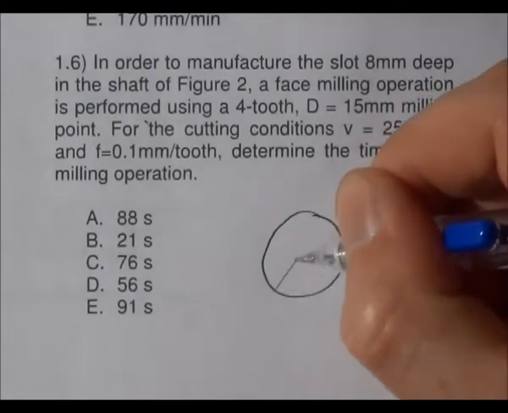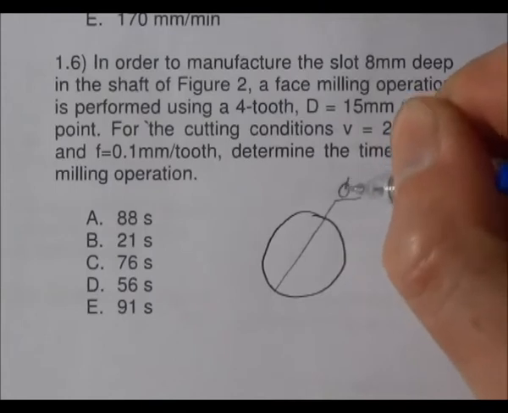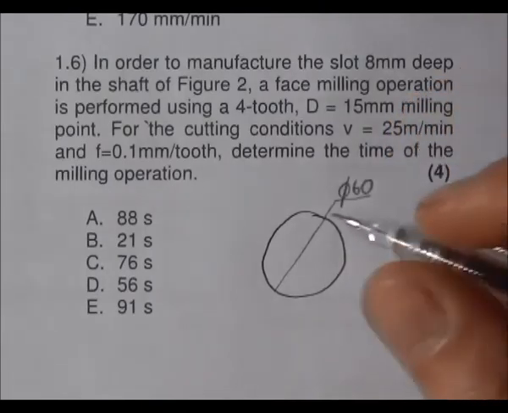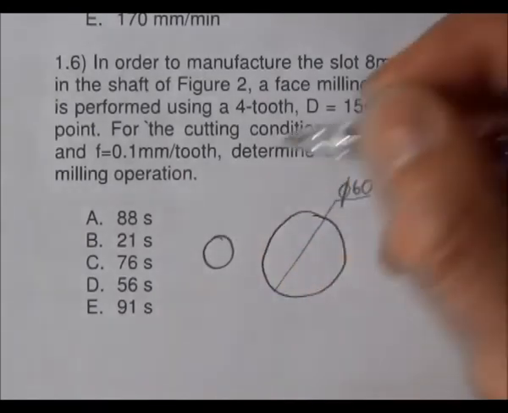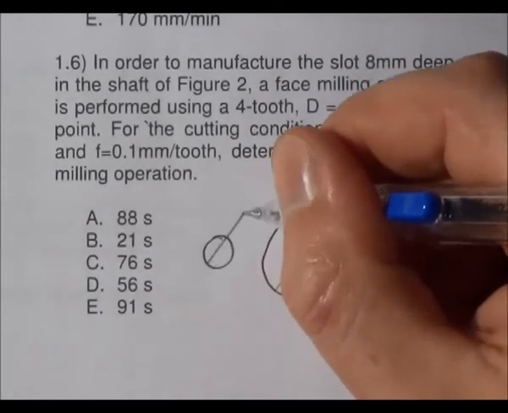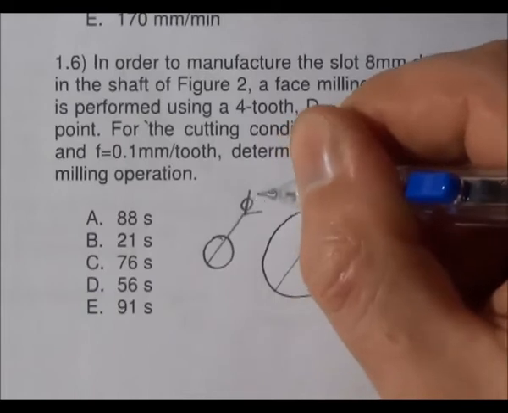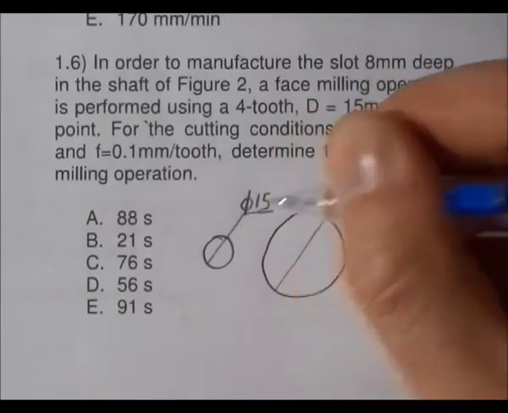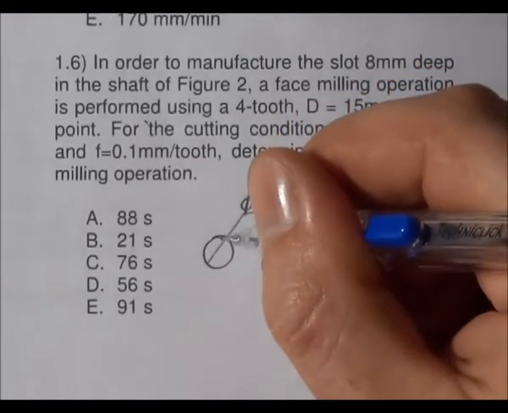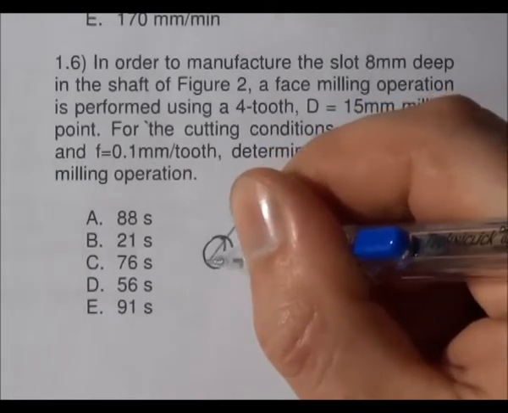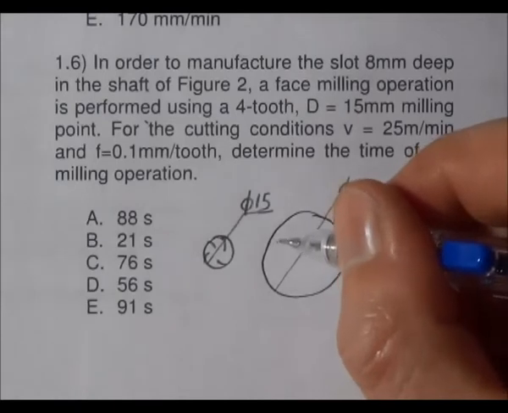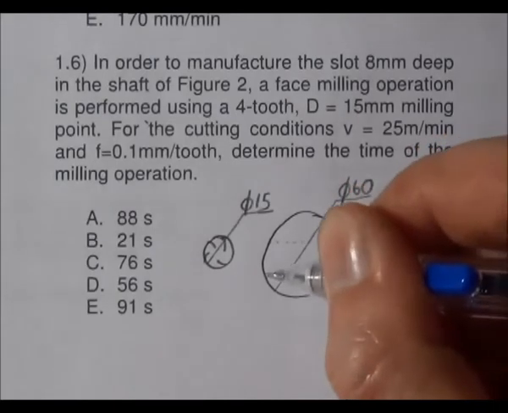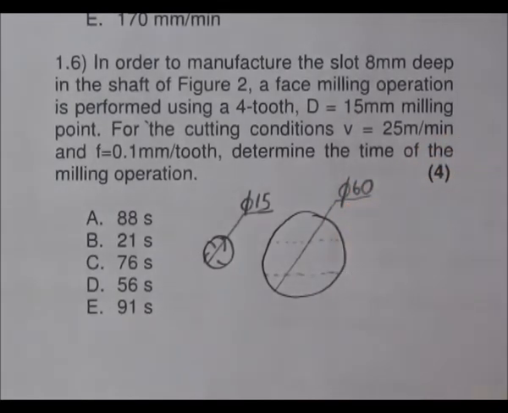Here we have a circle with a diameter of 60. We have a milling cutter with a diameter of 15. It's got 4 teeth on it, and it now has to cut a groove through this part like that.